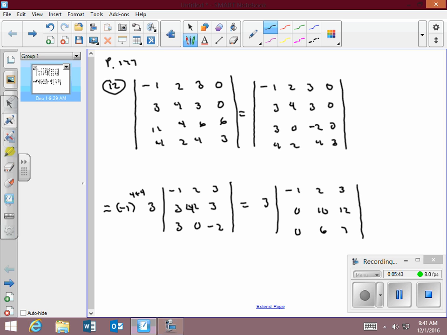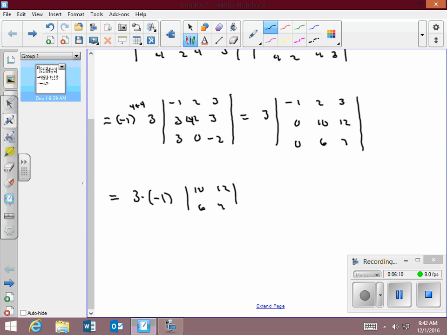Okay. I guess I'd go ahead and expand it by that first one. So it's a -1. And then the cofactor is 10, 12, 6, and 7. And I'll just go ahead and do that determinant.